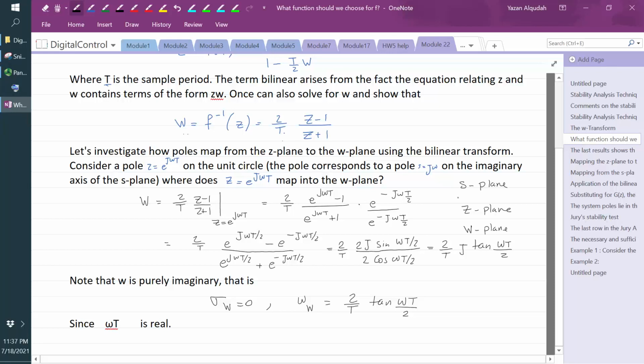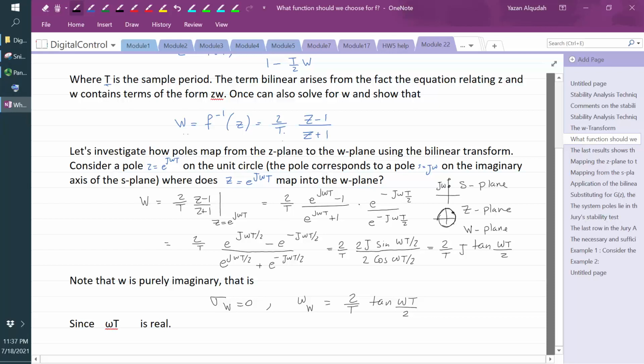Now in the s-plane, if I have a pole that is at j omega, so it's on the j omega axis, where does this map to in the z-plane? It's going to map on the unit circle, Z equal e to j omega multiplied by t. And therefore it's going to be on the unit circle.